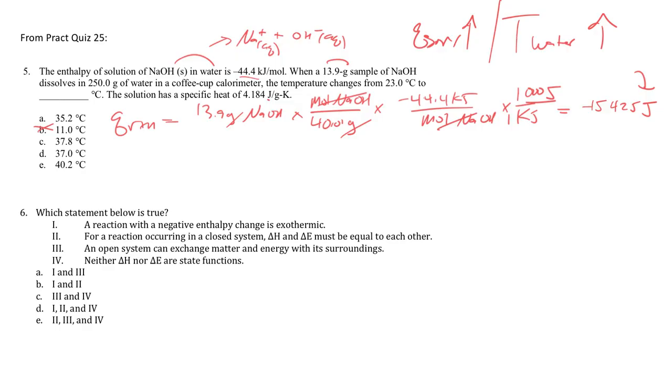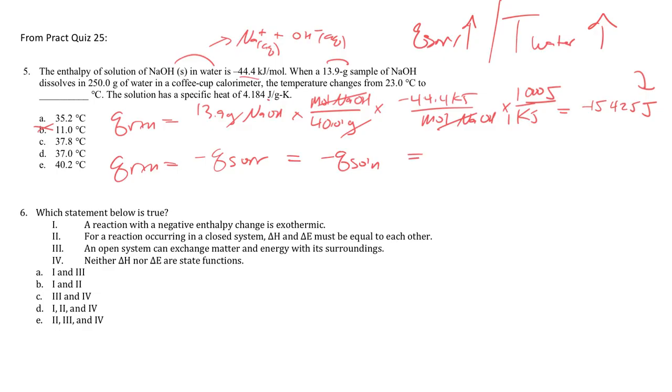Okay, so how do I relate this to the specific heat of water, or the specific heat of the solution, really? The solution is assumed to have the specific heat of water. So the heat change of the reaction is the negative of the heat change of the surroundings. That's the main idea: whatever the heat change of the reaction is, it's the opposite sign for the surroundings. And the surroundings is the solution. So you can write the negative Q of the solution, because the solution is what surrounds the chemical reaction.